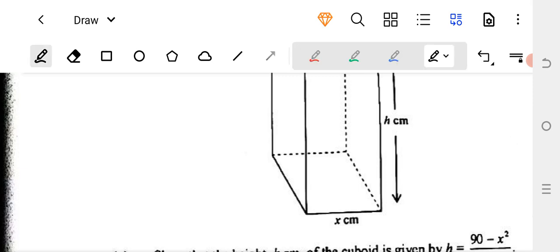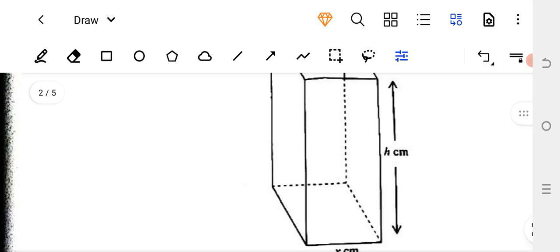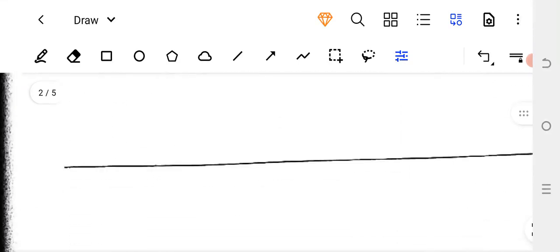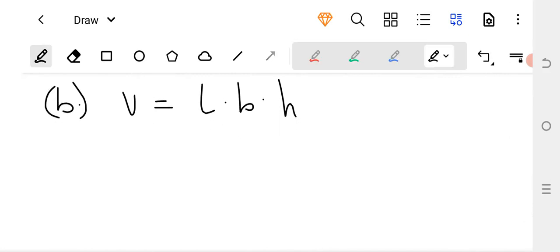So what am I saying? If you were to flip this cuboid nicely, this h would be your length, that would be your height, your x, and then the breadth, like that. But whichever order you look at it, you arrive at the same answer. So it's x times x times h.